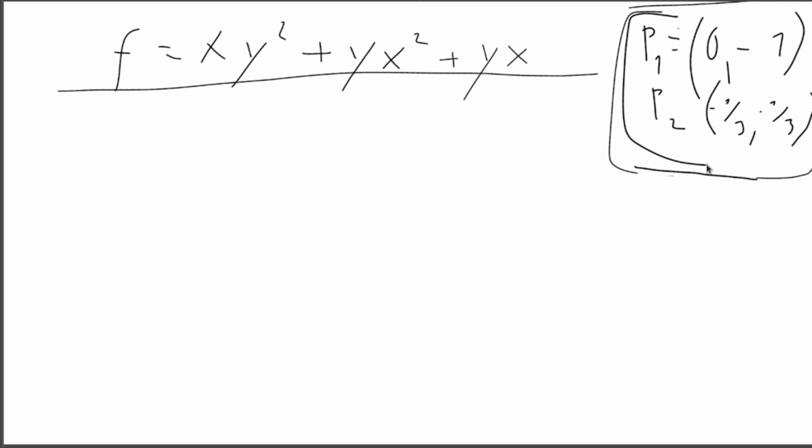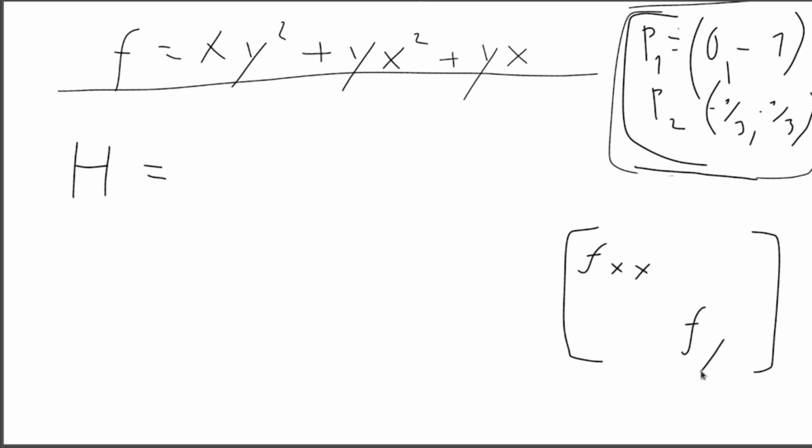To find that, we need something called first H, which is the determinant of a particular matrix. I can write it down here quickly, I'll delete it. Basically, for our function f, there's a matrix called the Hessian of it, and it's basically the partial derivative twice with respect to the first variable here, then the partial derivative twice with respect to the other variable, then here first with respect to the first one, then with respect to the other one, and then first with respect to the other one, then with respect to the first one.